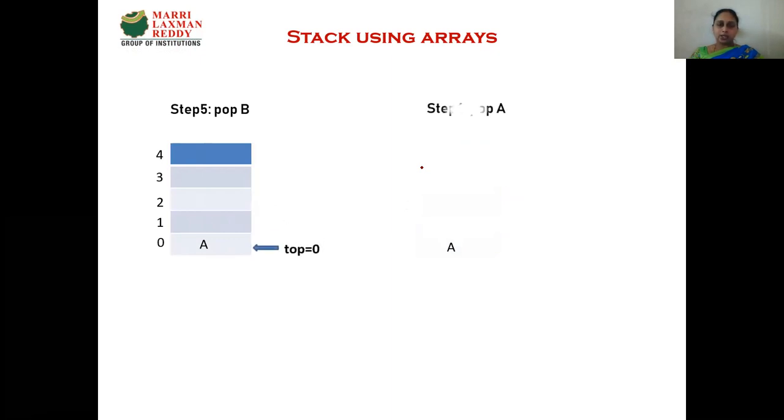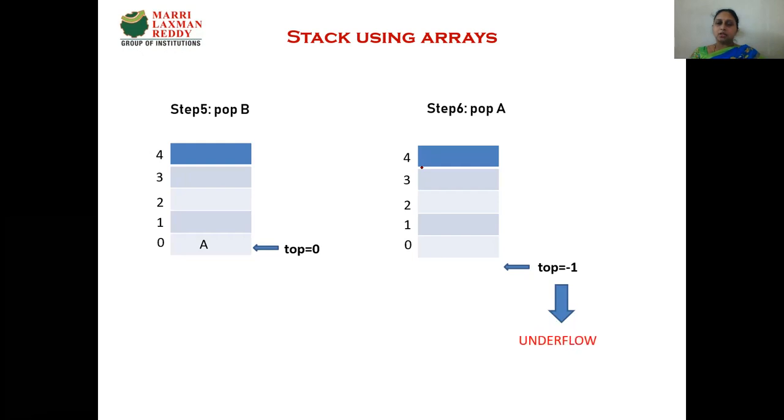And in the next case, if I want to remove A also, then remove A and top will be decremented and top becomes again minus 1. In this case, if top equals minus 1, you don't find any elements in the stack. You are unable to remove any elements from the stack. Now the stack becomes empty. If I want to remove an element from the stack, it leads to an underflow.